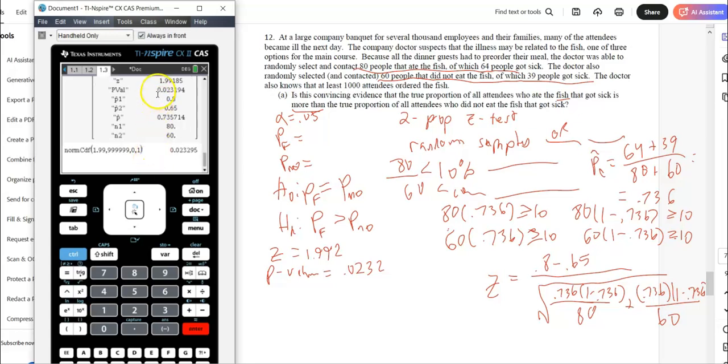I think that's what we got, 0.023, yeah. Okay, so because our p-value is less than our alpha level of, I think it was 5%, yeah, we do reject the null. We do have evidence to say that there were more fish eaters who got sick than others there.